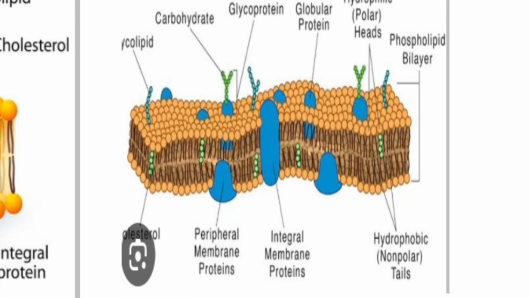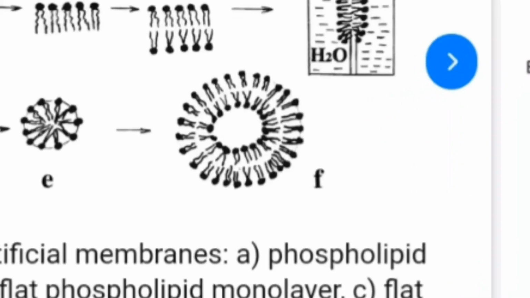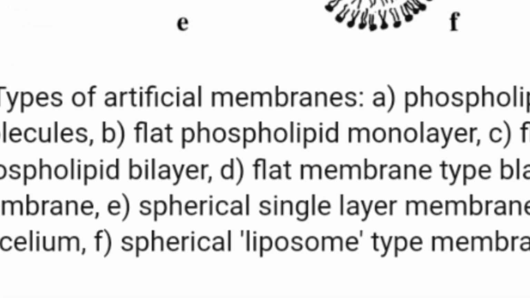Okay, so that's very, very important for you. Then, having said that, we talk about the artificial membrane. What you need to know about the artificial membrane is that you must know the various types of artificial membrane: the phospholipid molecule, the flat phospholipid monolayer, the phospholipid bilayer, flat membrane type. See it here, the various types of artificial membrane.